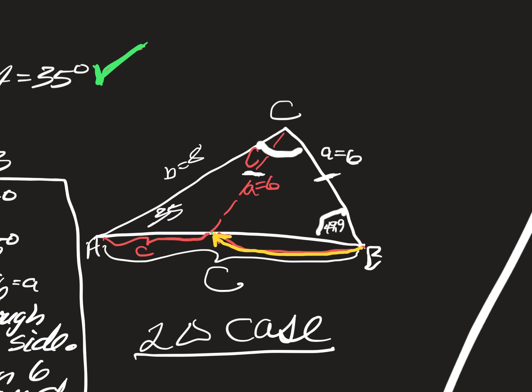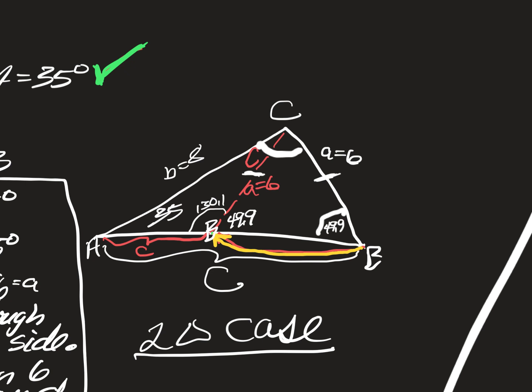That means the triangle with the two A equals 6 sides is isosceles. That means this angle is 49.9. So the new angle B, which is right here, is supplementary to the old angle B. So if we take 180 minus 49.9, the new angle B is 130.1.